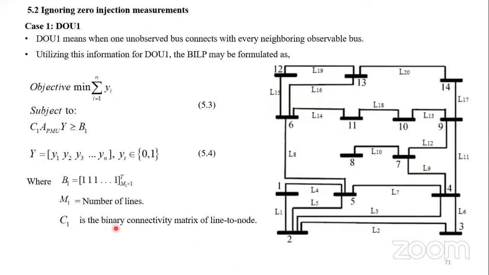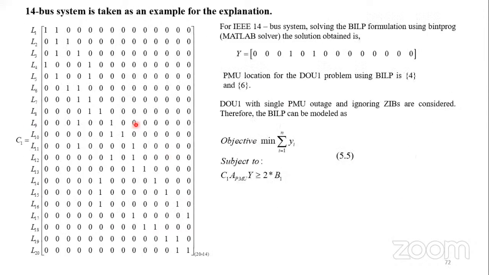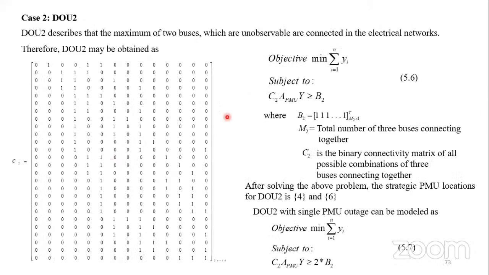C1 is the binary connectivity matrix of the line to node, as I have shown you. But in DOU2, the C2 matrix is very important. What is the C2 matrix? C2 is a binary connectivity matrix of all possible combinations of three buses connecting together. This matrix will give you the buses connected with three buses.